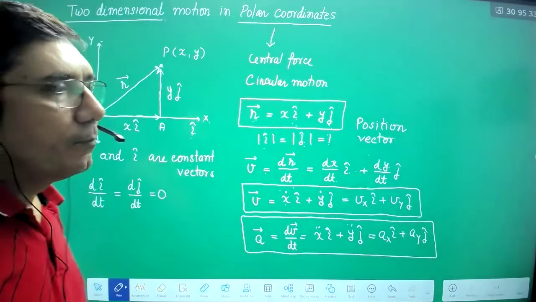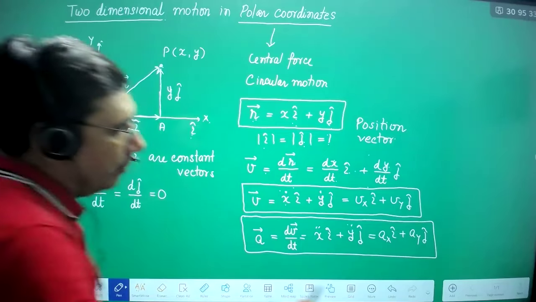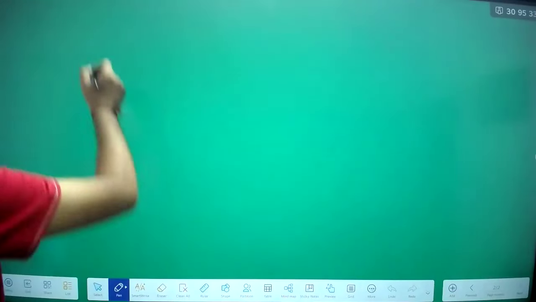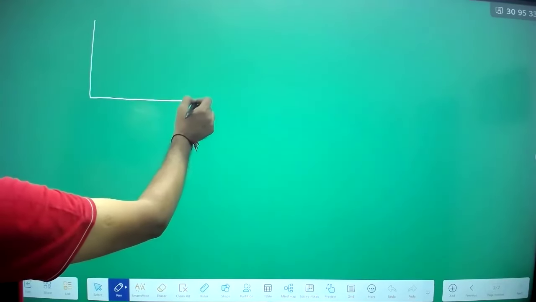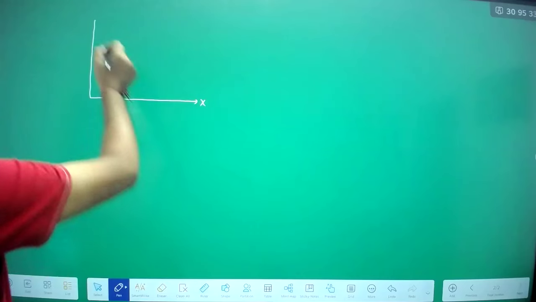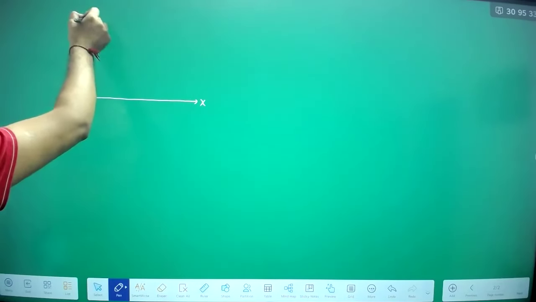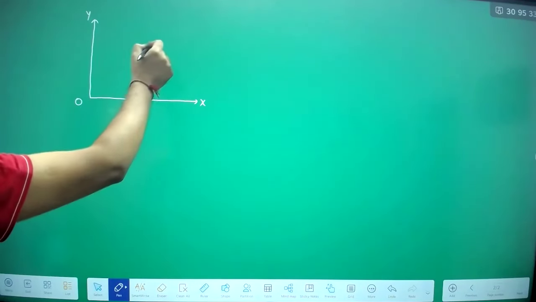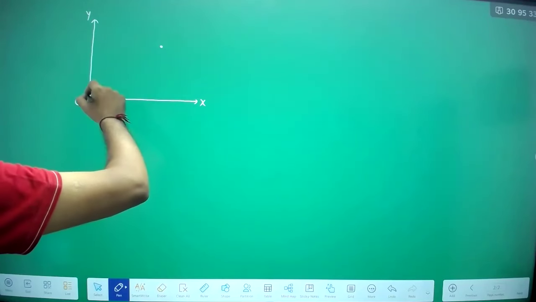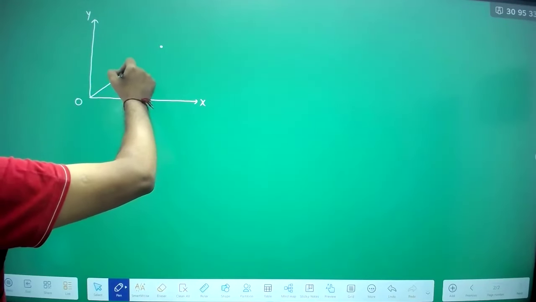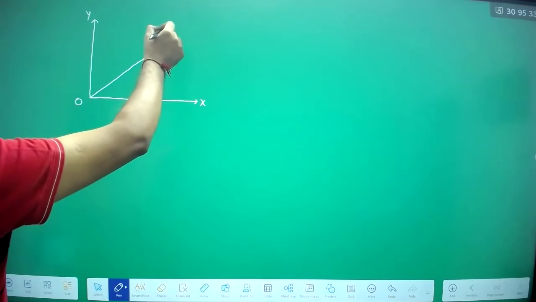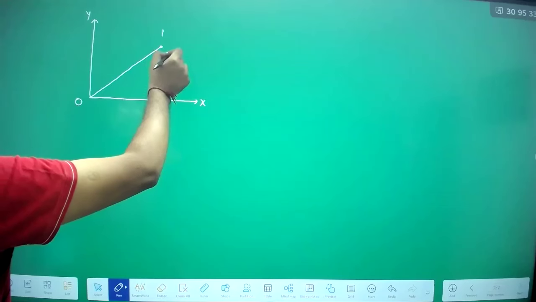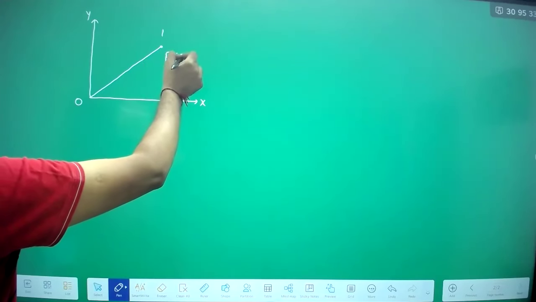Now suppose this is our xy coordinate system. This is the origin, and I'm representing this point or particle P. This is point P, and it is represented by x comma y.